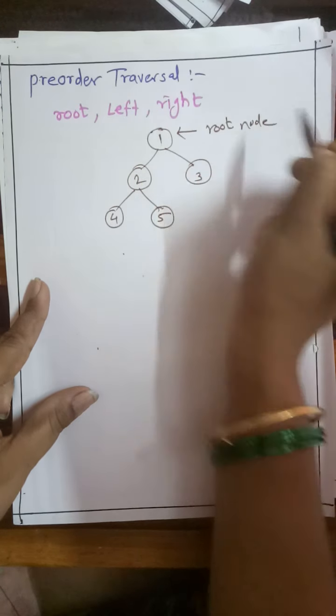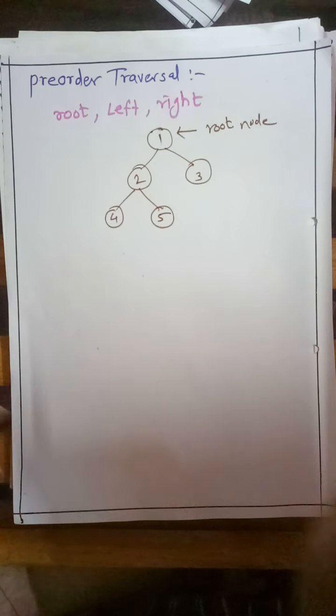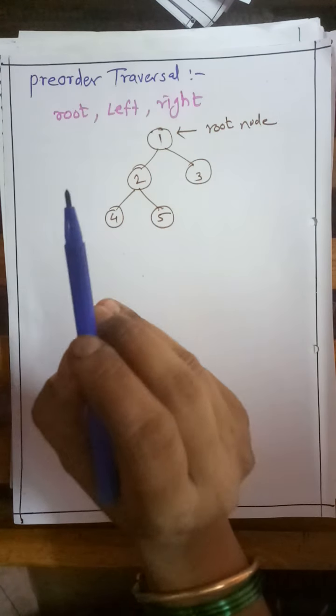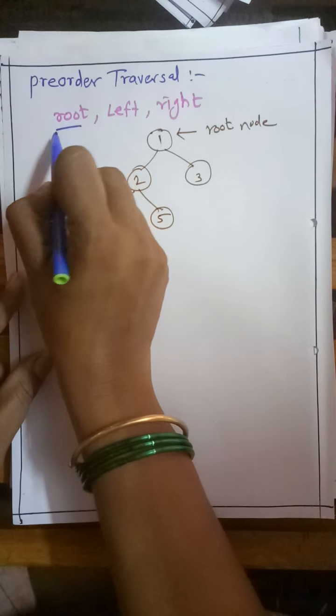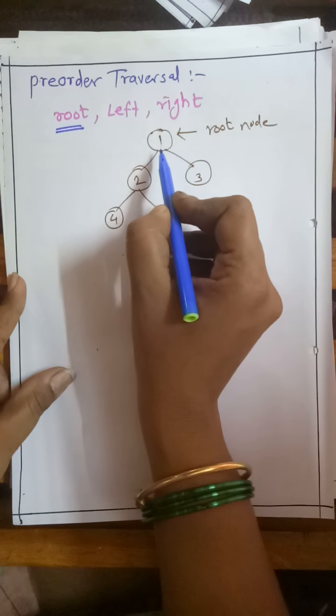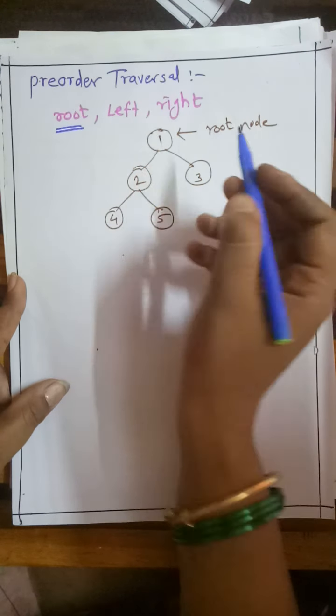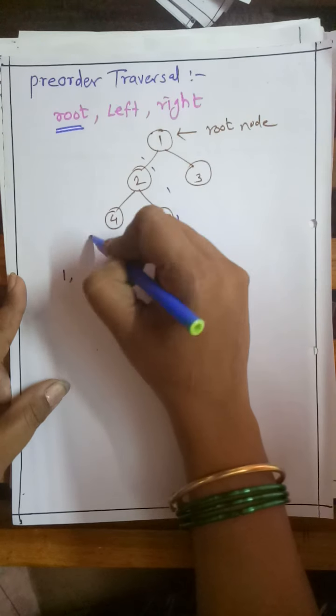Now we traverse this tree in pre-order manner. In the pre-order traversal, note that root will be processed first. So first we visit the root node. Here 1 will be the root node.